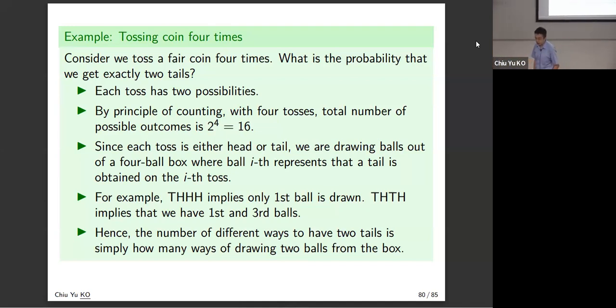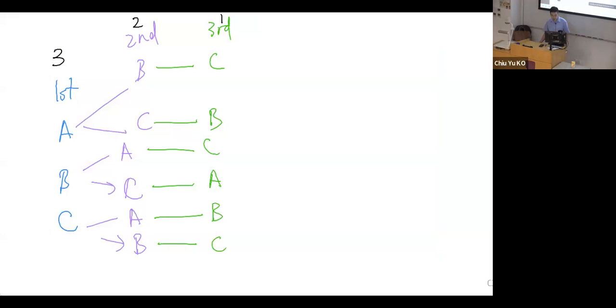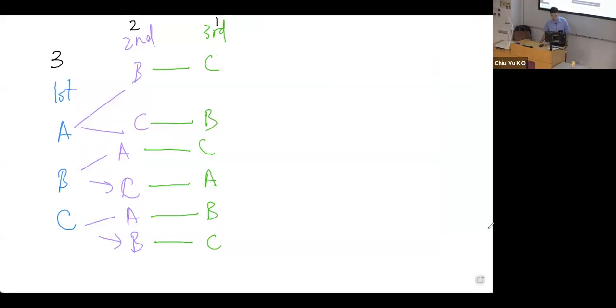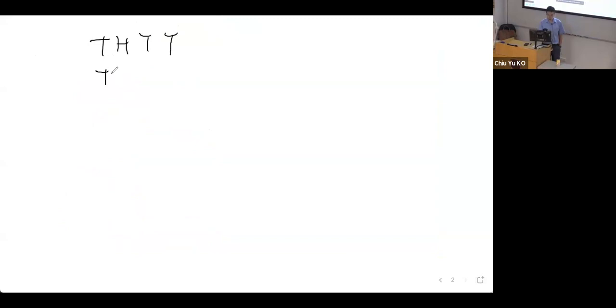But now we want to understand this from the perspective of combination, how to do counting. Let me use the whiteboard to illustrate. It's very simple. The outcomes of 4 tosses are either head, tail, tail, tail, or head, head, tail, tail, or tail, head, head, head, and so on.